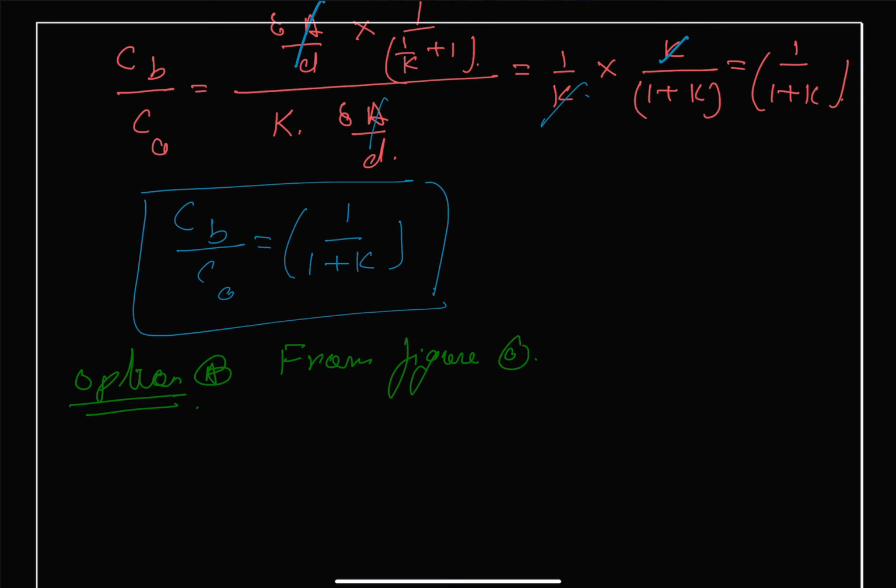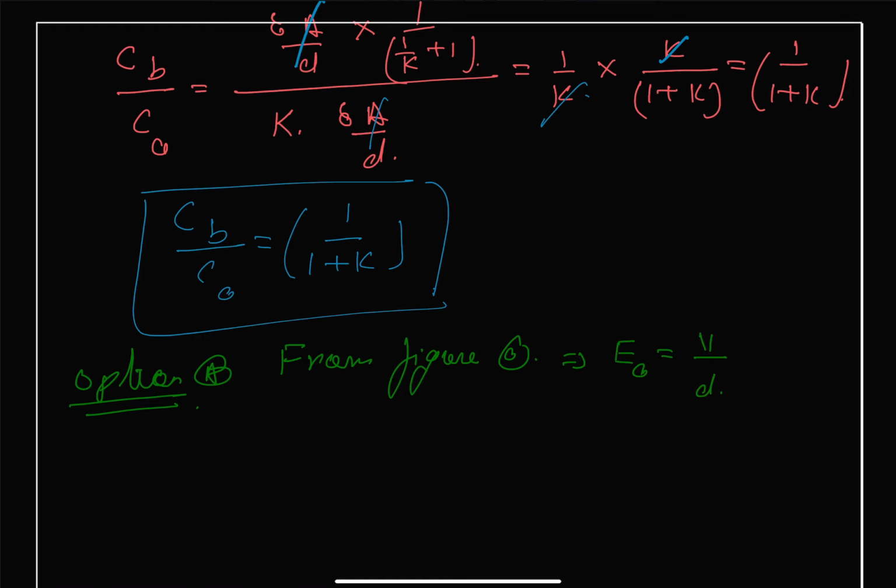Therefore, the electric field EA will be equal to the potential difference V divided by D.